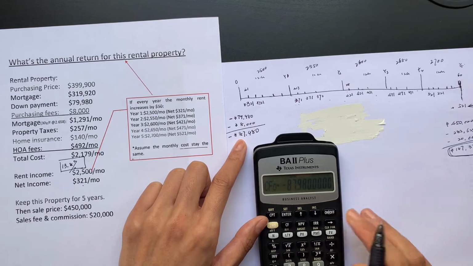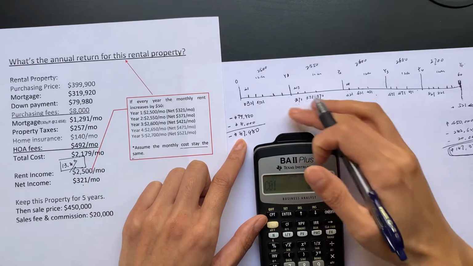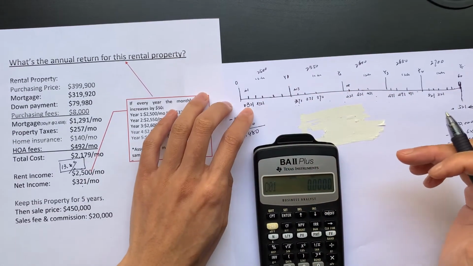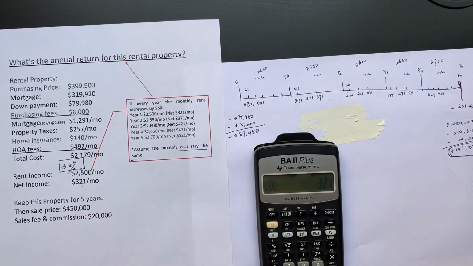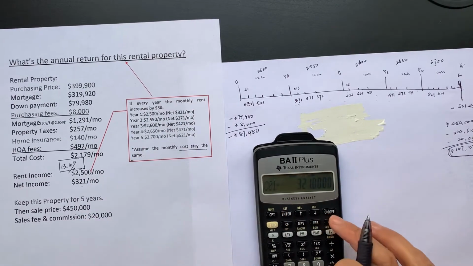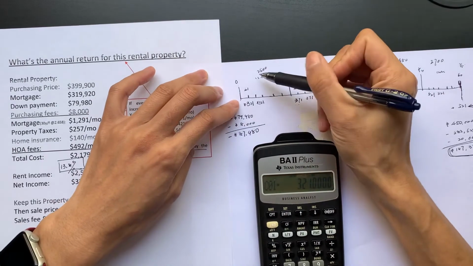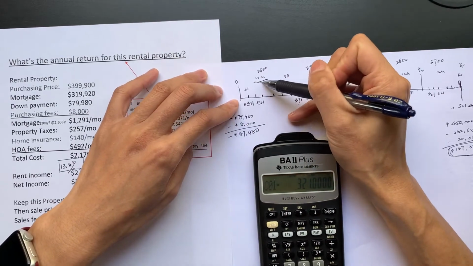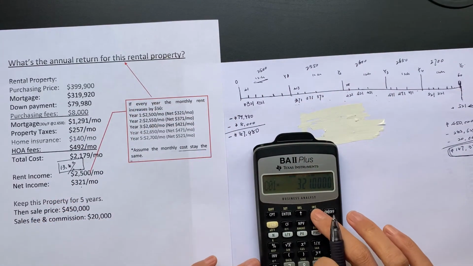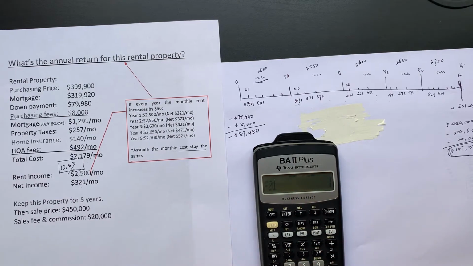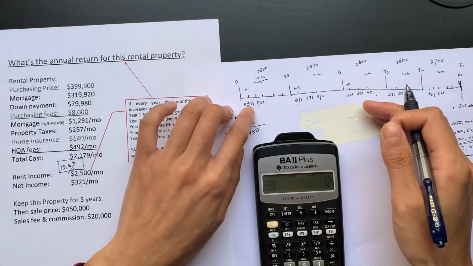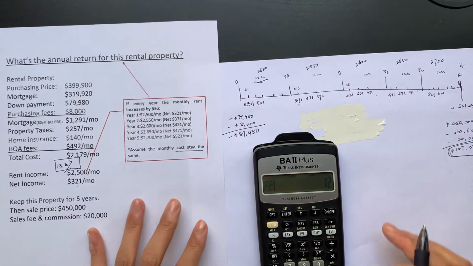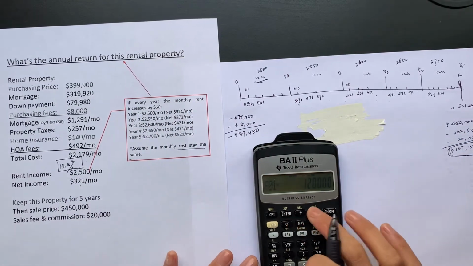Press enter. Then the first cash flow is 321. Enter. Total is how many? It's for 12 months. So 12 of the 321. Enter.